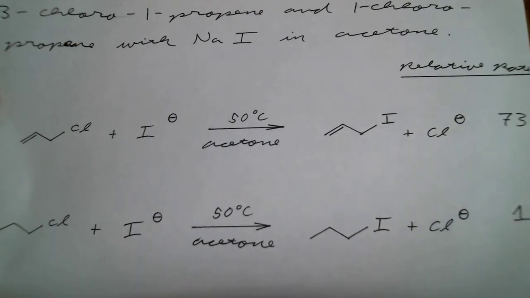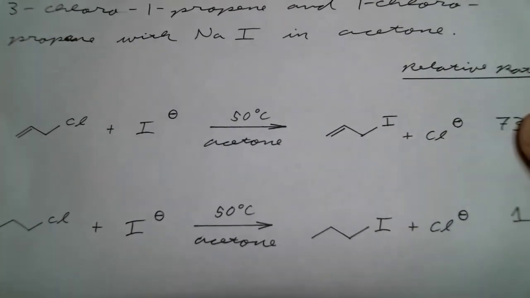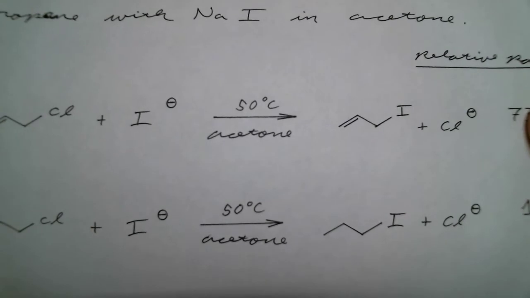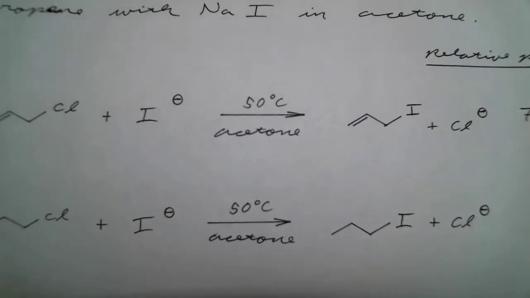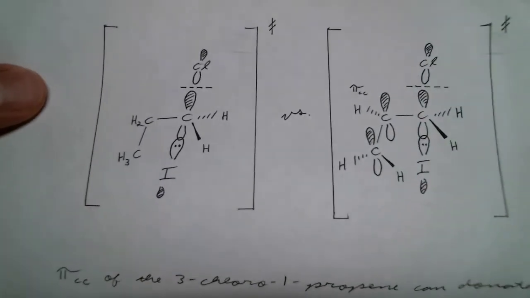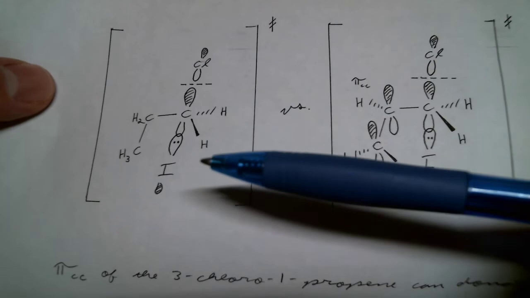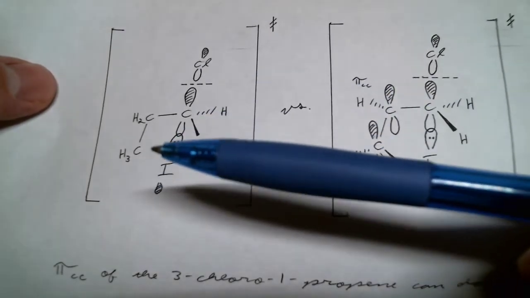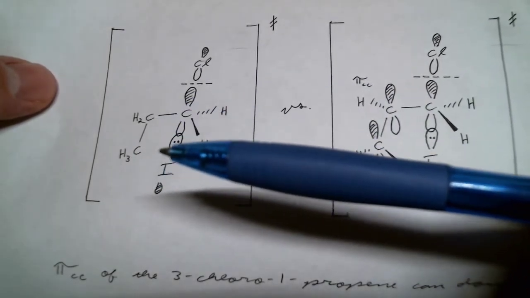has no pi bond. Let's see if we can suss it out by looking at pictures of the transition state in terms of what they would look like with the molecular orbitals drawn out. Here we have our 1-chloropropane, saturated, no neighboring pi bond, right?